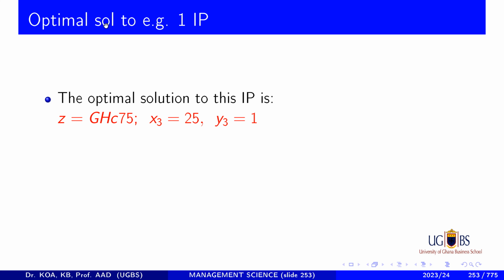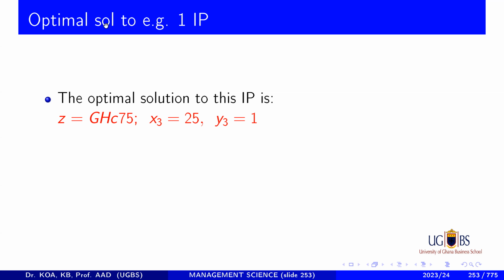The 25 shirts. Yes, the shirts. So that's why it's cancellable, not producible. X3 was pants. So you can see that it means that we are going to produce 25 of the pants.